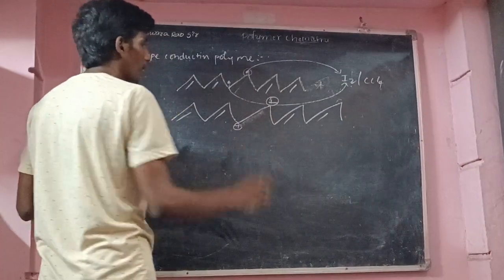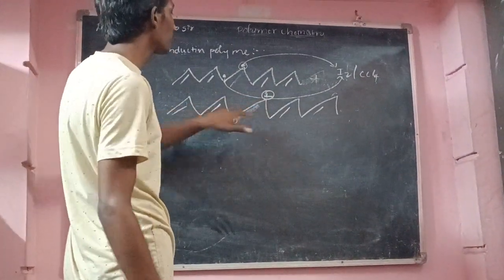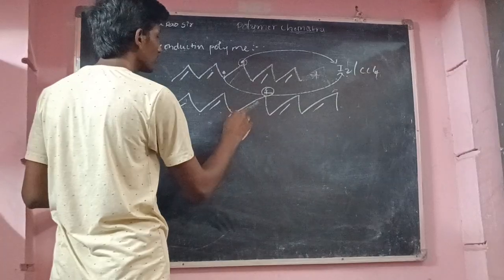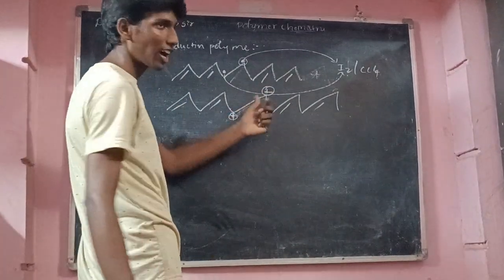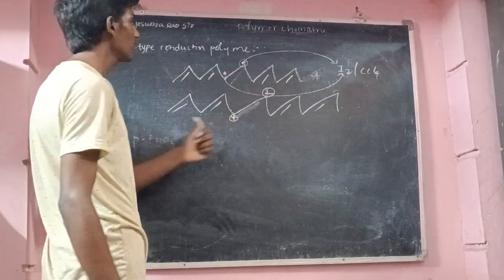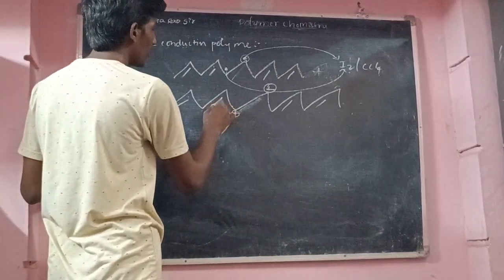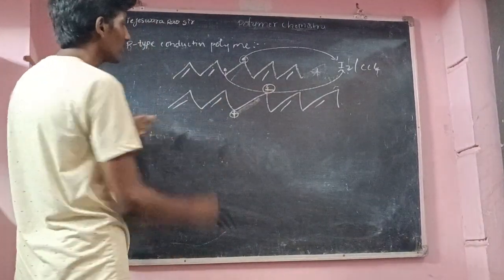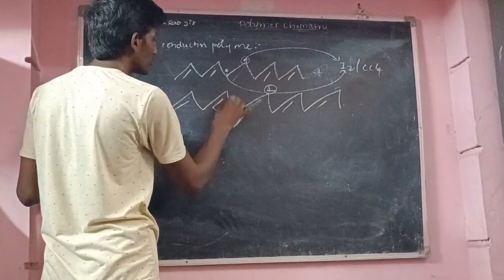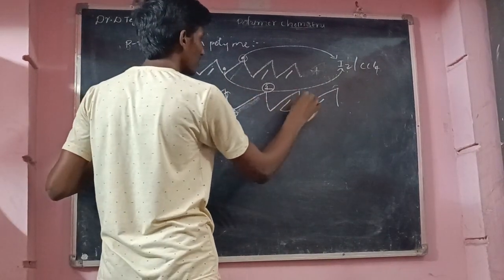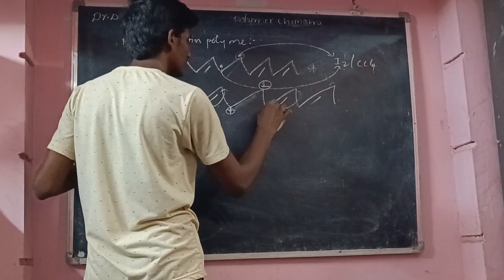Which is unstable, because both positive charges are at adjacent carbons. To make it stable, the electrons move from this place to this, and this place to here.